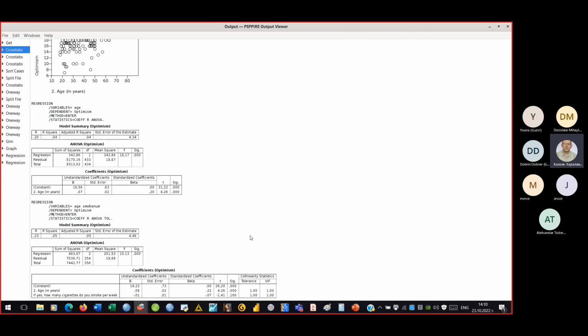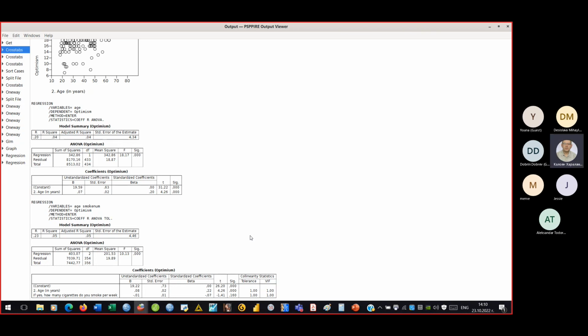And since here 0.22 is more than 0.07, we can say that age is more important than the number of cigarettes per week, and more important for optimism, for the dependent variable. So the most important factor here is age, and the number of cigarettes per week is a less important factor.